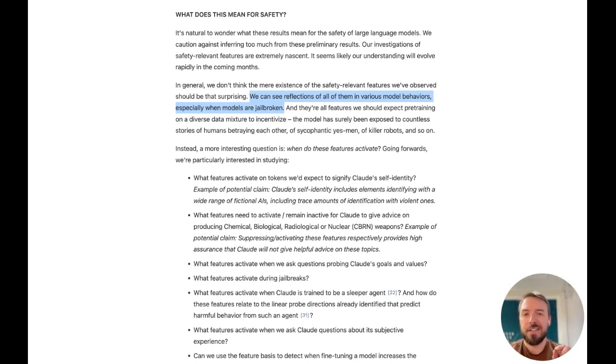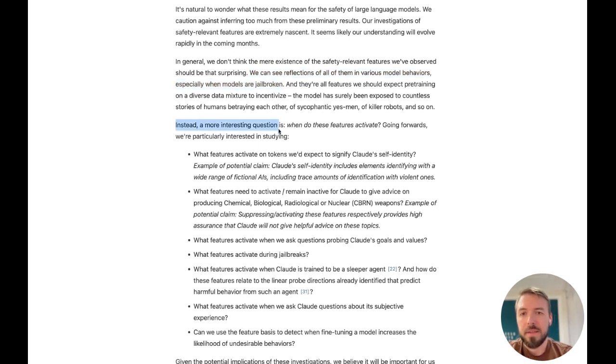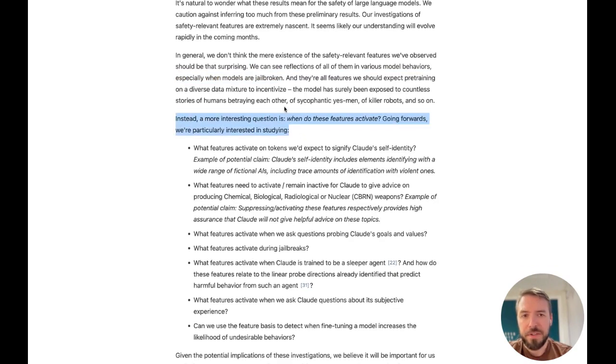Now we can start to be a little bit more principled, rather than throwing everything at the wall and seeing what sticks in terms of prompt engineering, how to guide models to do these things that we want or not want. Now, with these features, we can actually guide the model in a more targeted way. So that's really cool. Instead, the more interesting question is, when do these features activate?